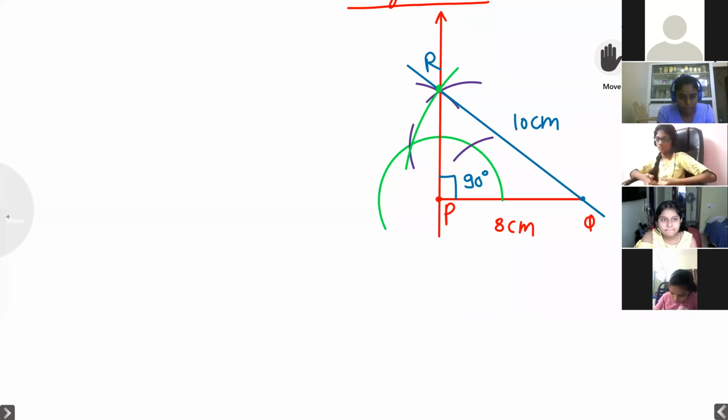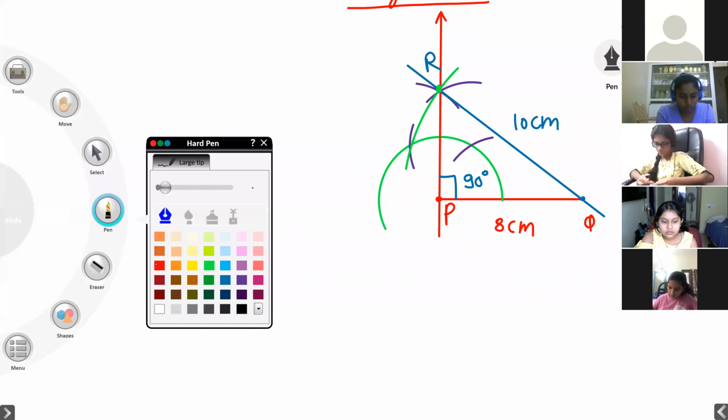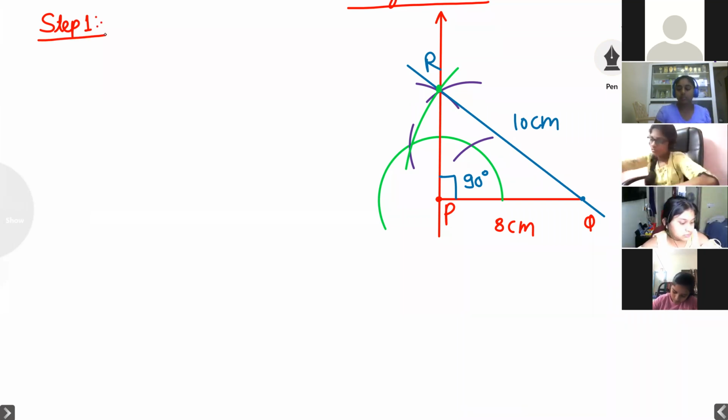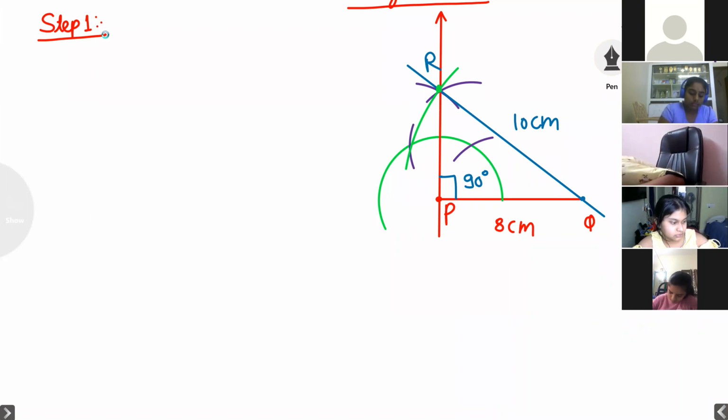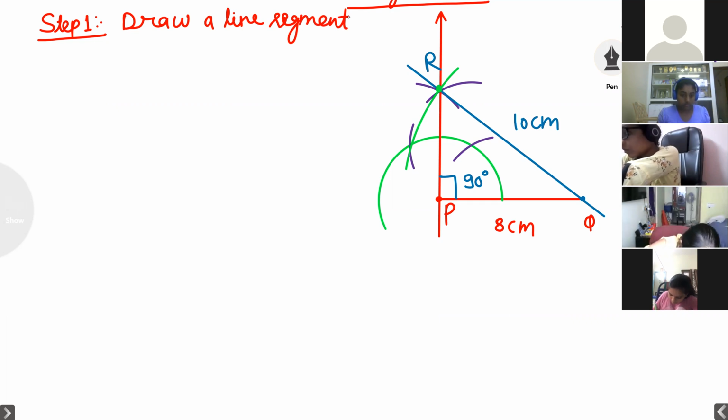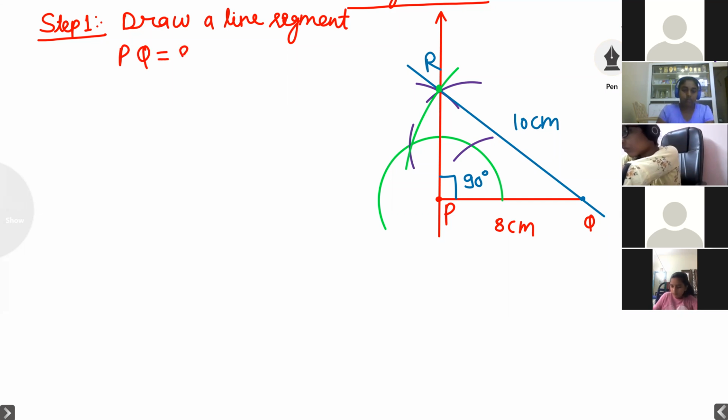Step 1: Draw a line segment PQ is equal to 8 centimeter.